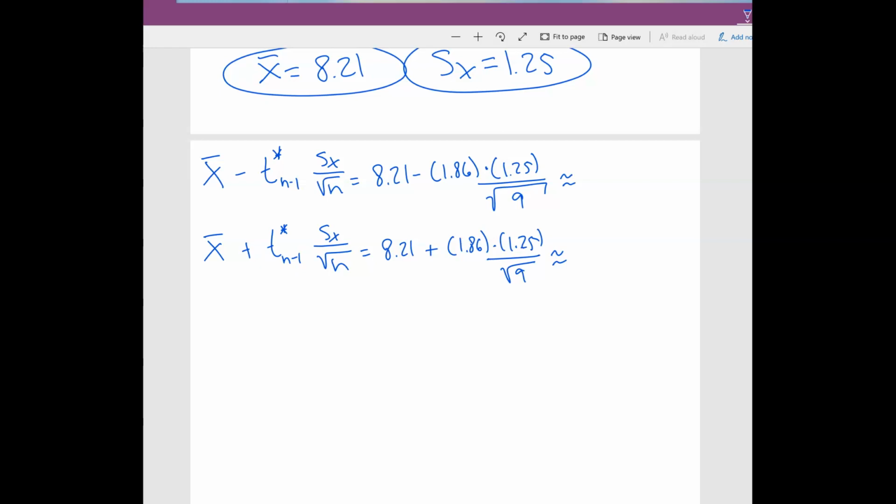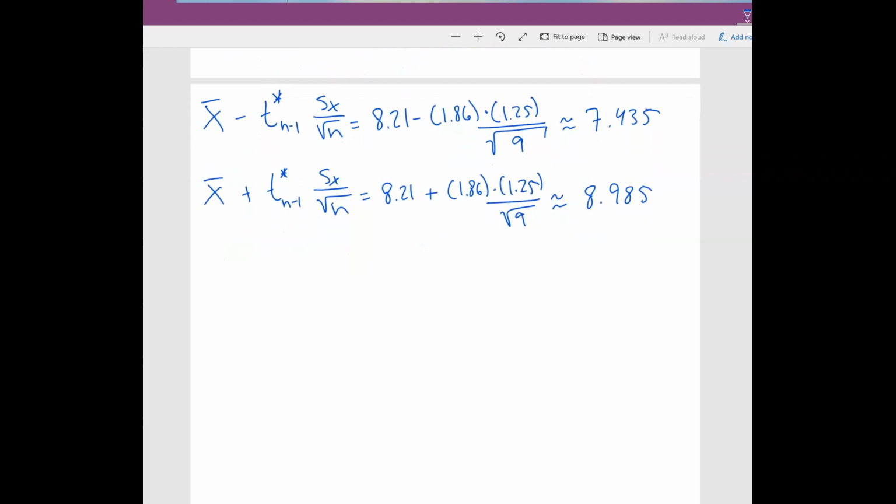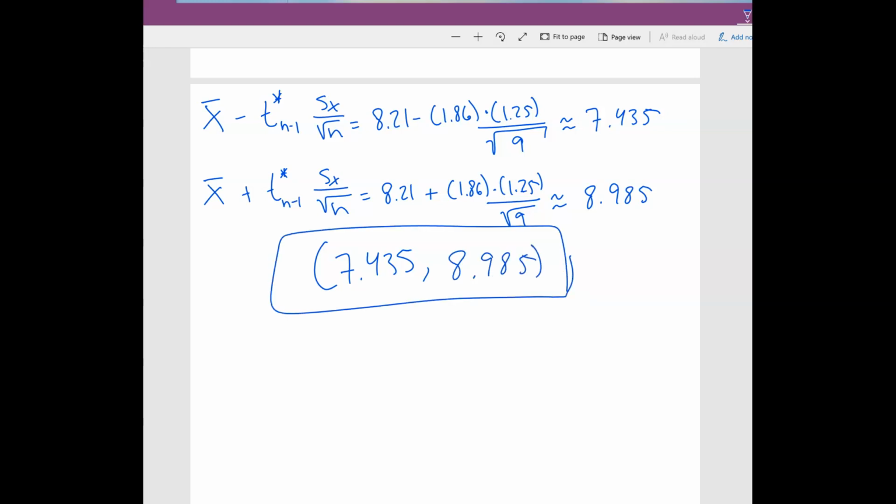What I ended up getting on the top was 7.435. And on the bottom, I'm going to do the same thing, but just add a plus. And then I end up getting 8.985. So my confidence interval is going to be between 7.435 and 8.985. Okay? So this is the confidence interval for the average mile.